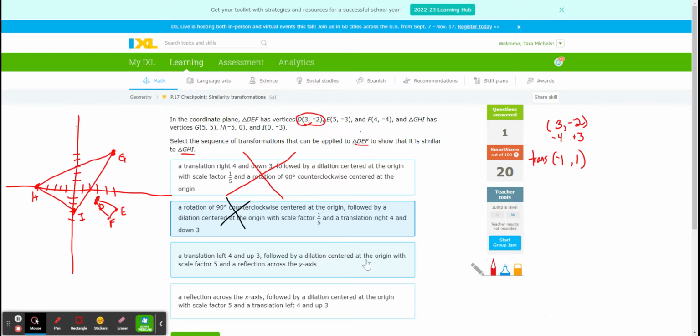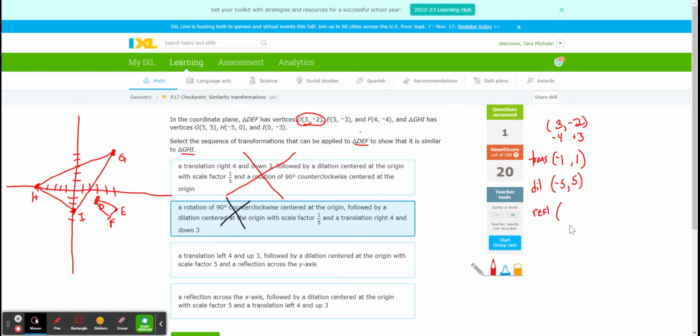Followed by a dilation centered at the origin with a scale factor of 5. So dilation, and remember scale factor of 5 means multiply each thing by 5. -5, +5. And then a reflection across the y-axis. Think about those rules we talked about in Unit 2 with reflections, rotations.